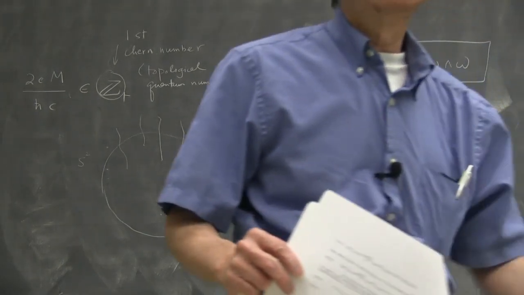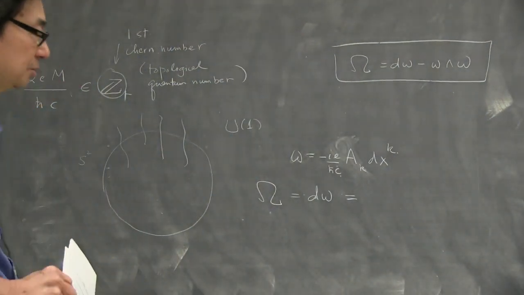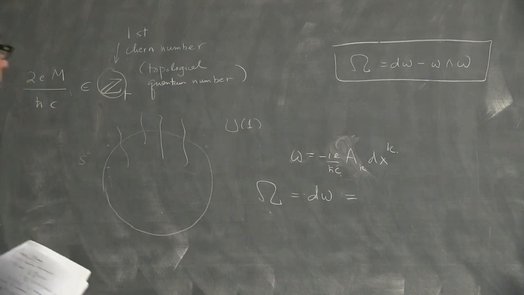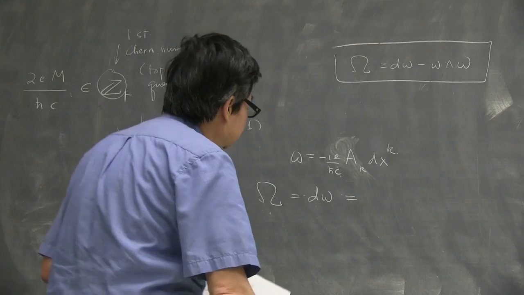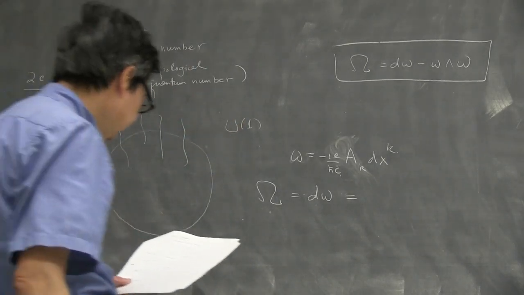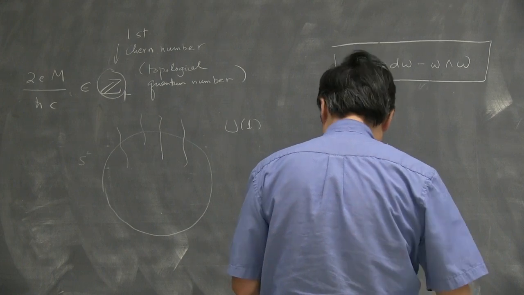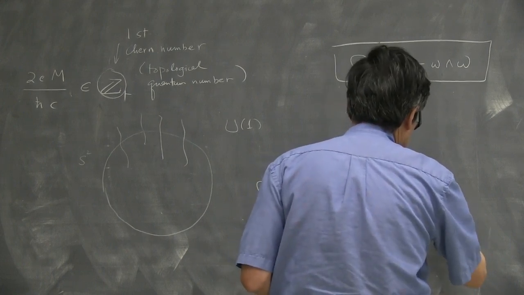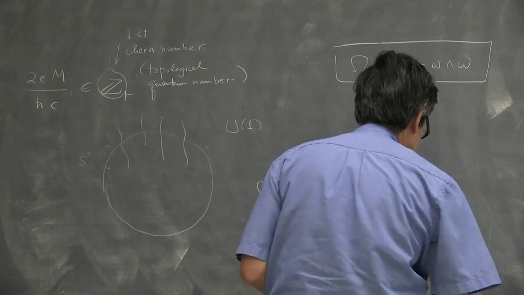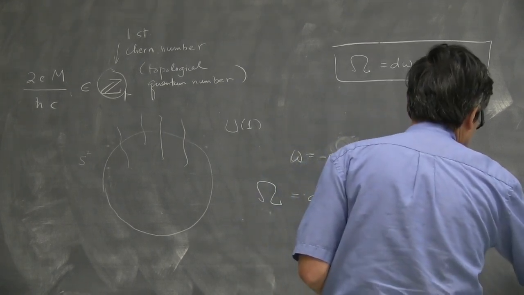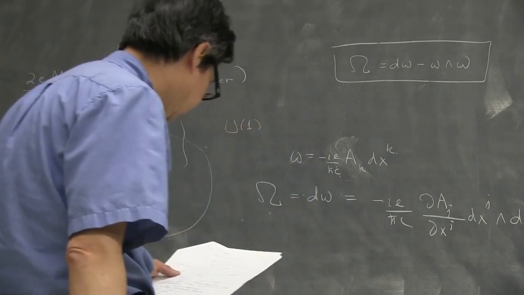In the complex vector space case, it has to be anti-Hermitian. Okay? And so you can simply perform an exterior derivative of this and get minus iE over h bar c. You introduce another summation index, it becomes dxj, which wedges with dxk, like that.